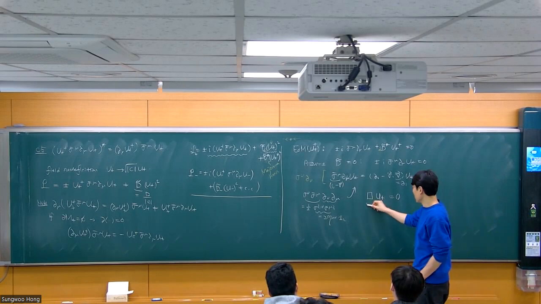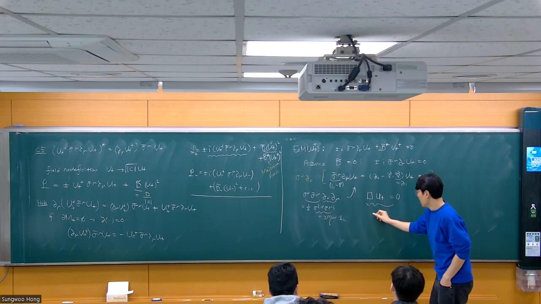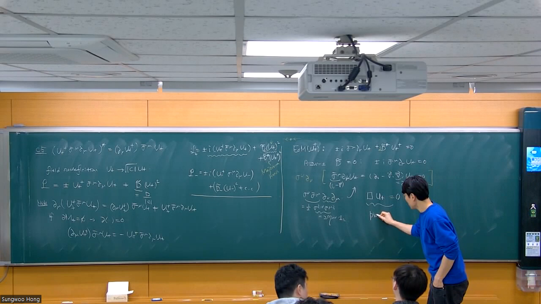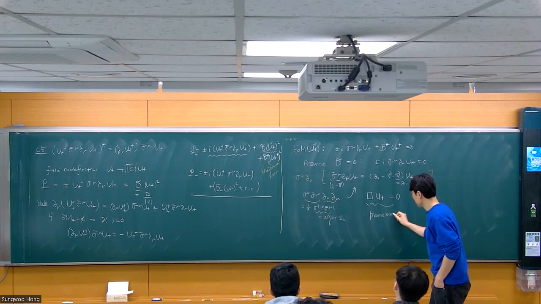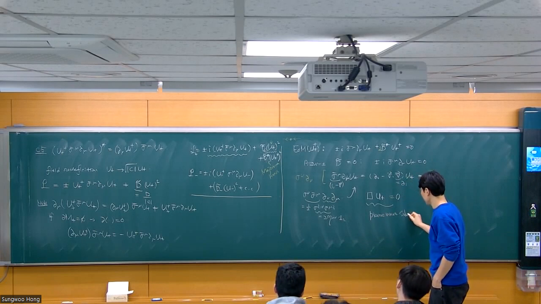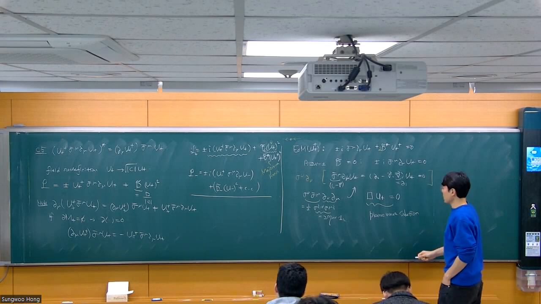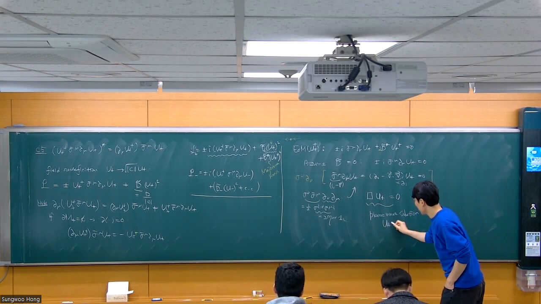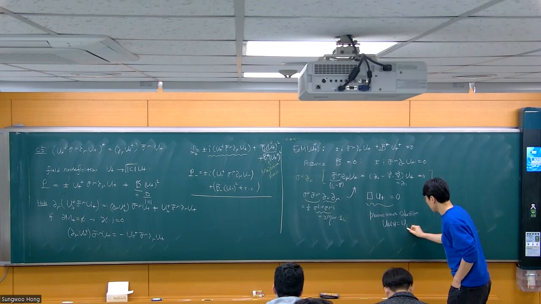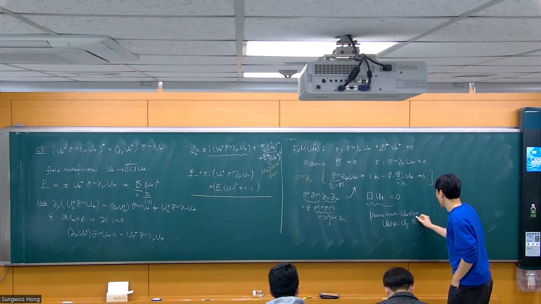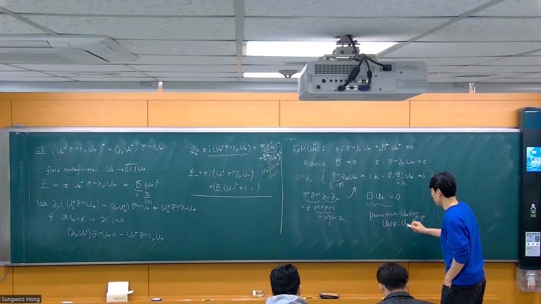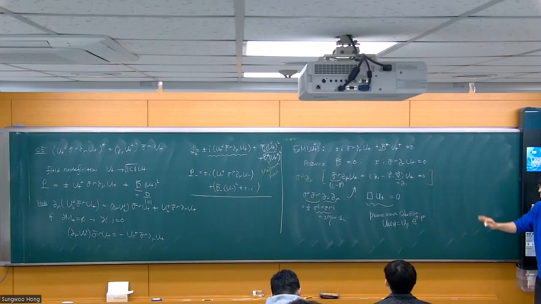So what is this equation? In order to understand this equation, let's consider a plane wave solution. The plane wave solution says that I take this to be some prefactor, and then e to the either plus or minus i p x. Okay, so plane wave with the coefficient function to be determined by actually solving the equations of motion.